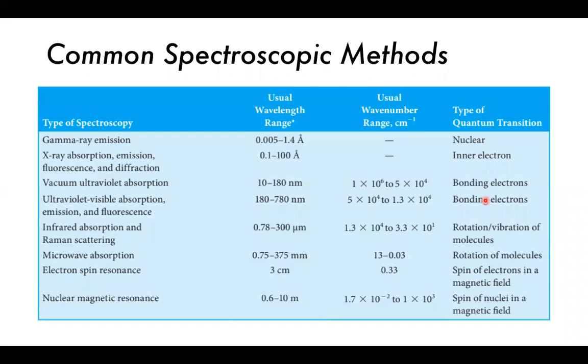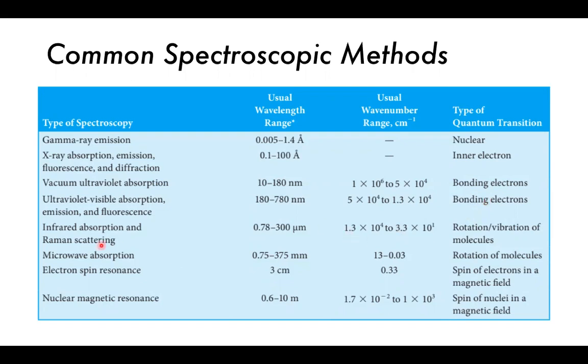If we're just measuring that particular part, then we're measuring absorption. But if we excite the electron and then measure the light that is emitted from a particular sample, then we're looking at emission. And fluorescence is a subset of that as well.